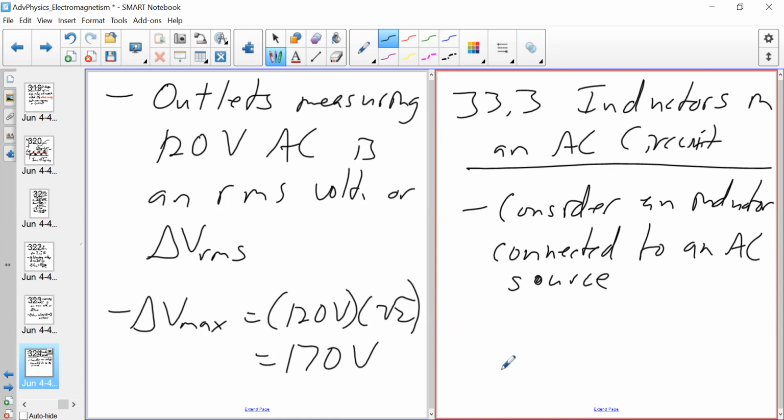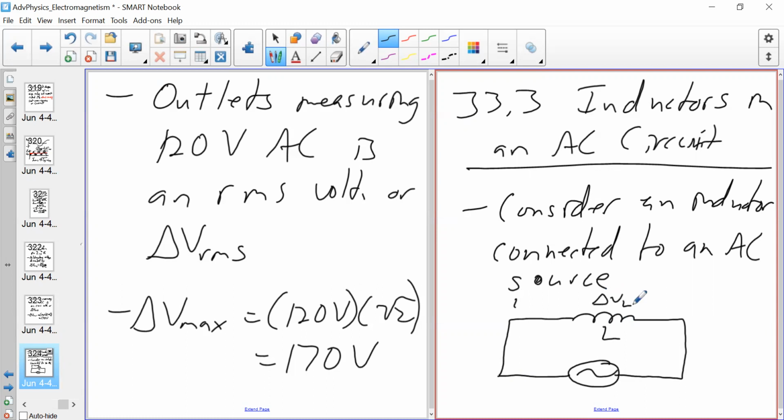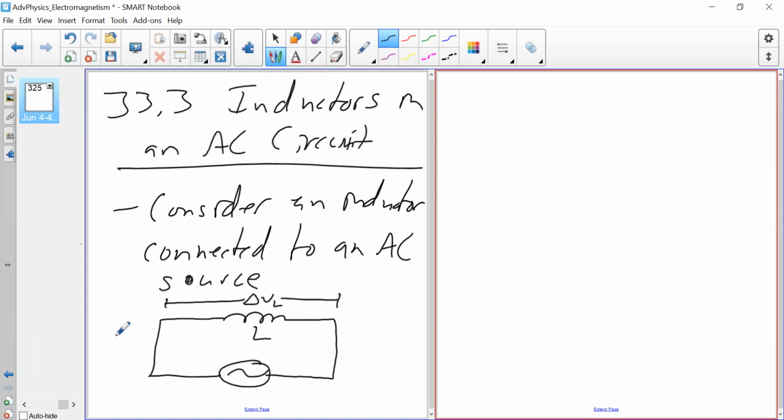So we have a little torus there, a generator, and that is my inductor. This will be the voltage across the inductor, and that's our little diagram. How does everything operate? We're going to go to voltage, to current, to the relationship of the two, graph it, look at the phasor diagram, and go on to the capacitor.